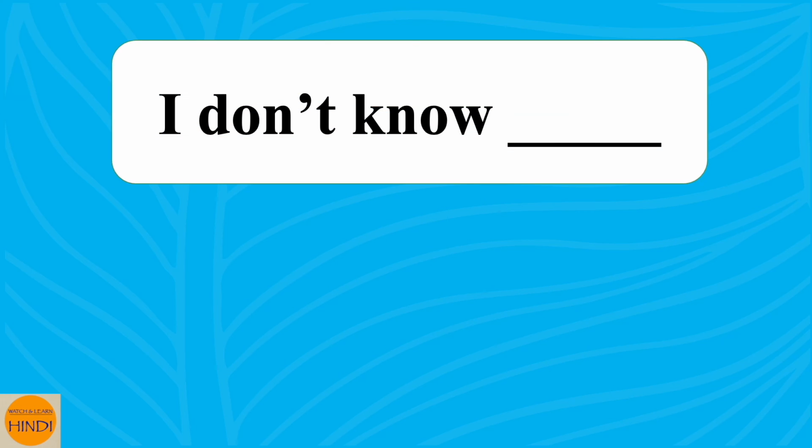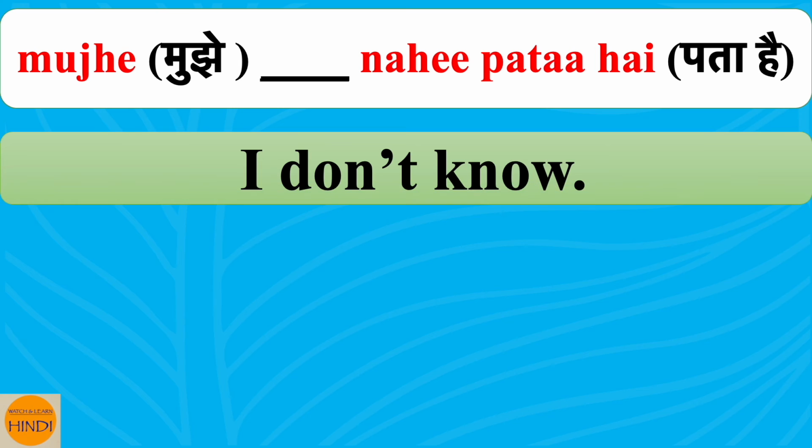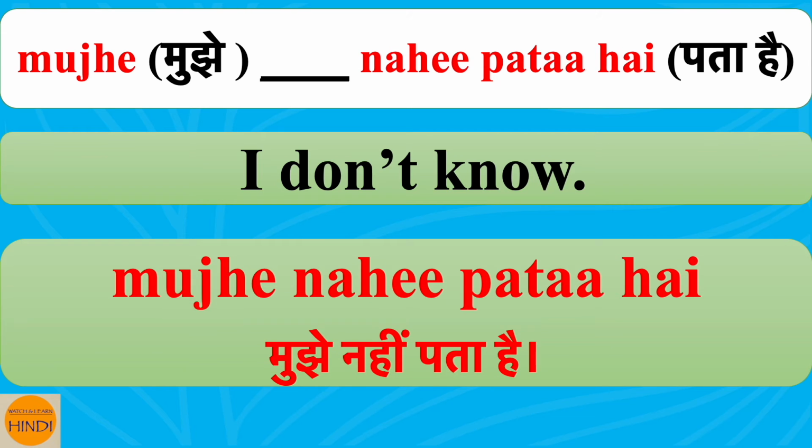If you want to say I don't know something, you will say मुझे, whatever is that you don't know, नहीं पता है. So if you just want to say I don't know, it will be मुझे नहीं पता है.